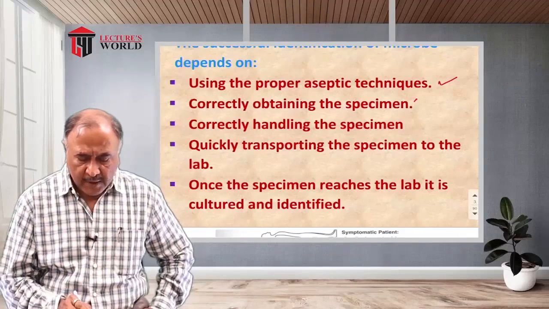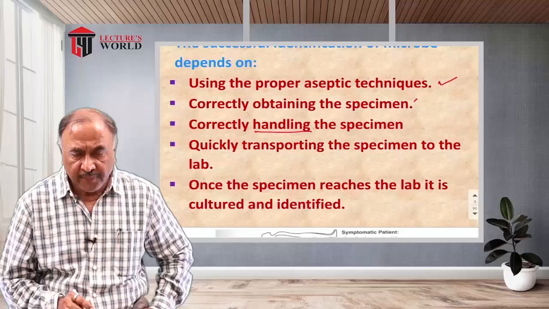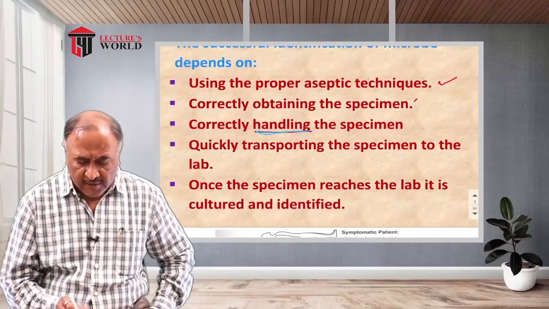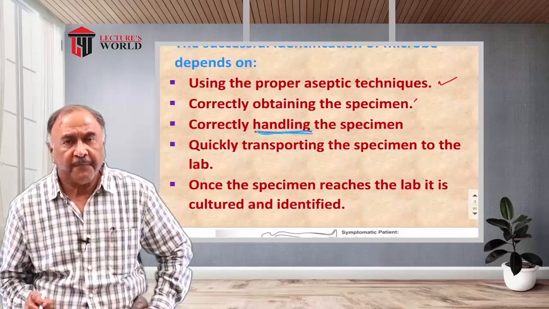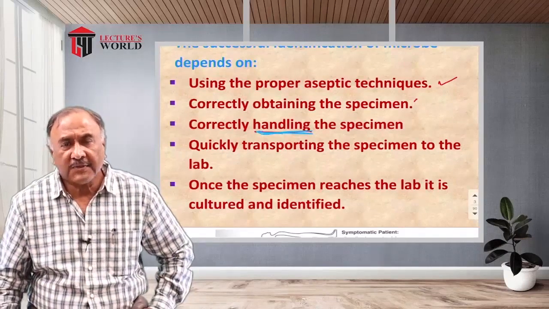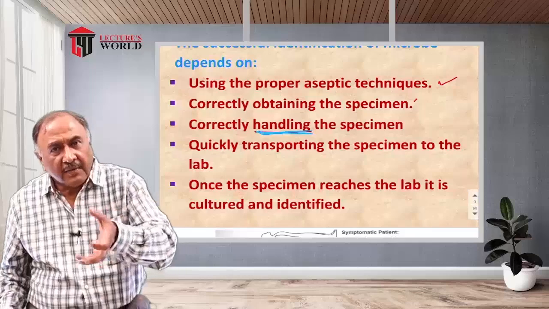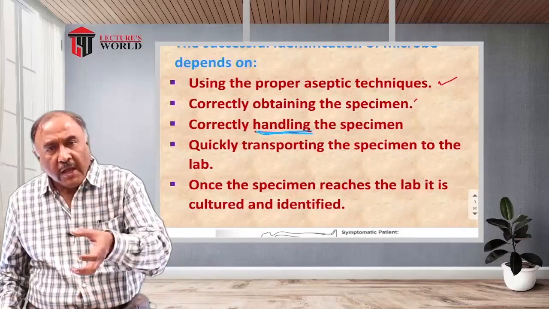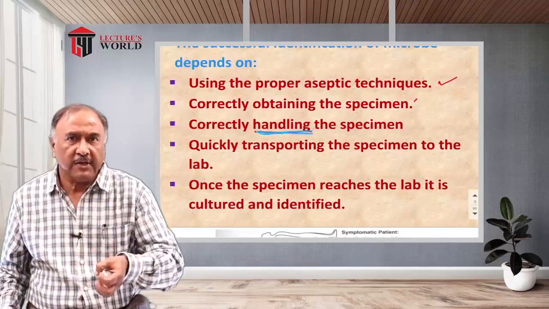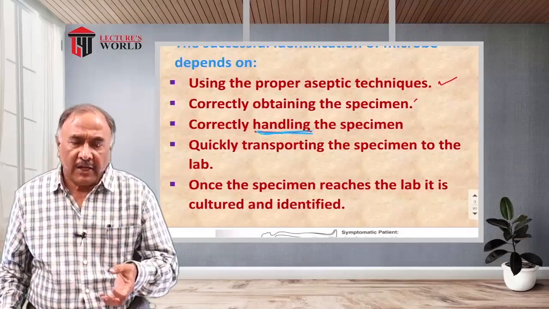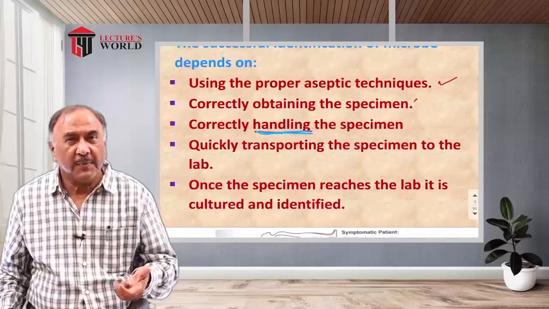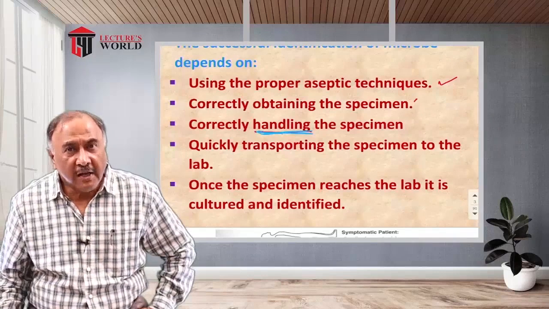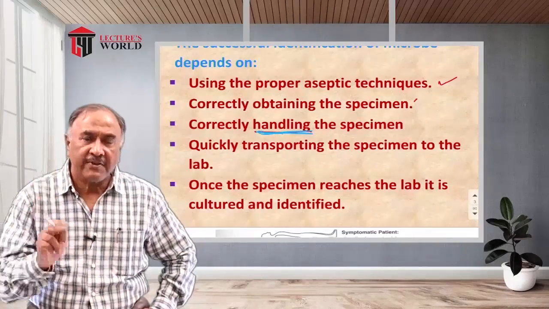Then, handling the specimen. Now, when we say handling the specimen, what does it mean? Handling the specimen means, let us say that from the source we have correctly identified the location and we are about to collect it. After collection, that specimen has to be placed in a container, and the container should also be sterile.